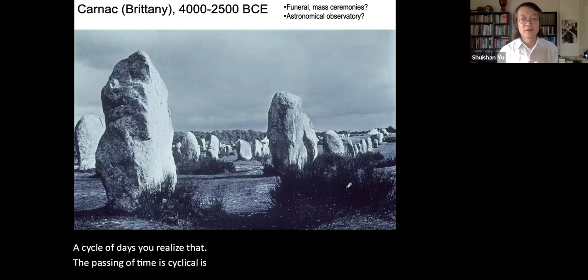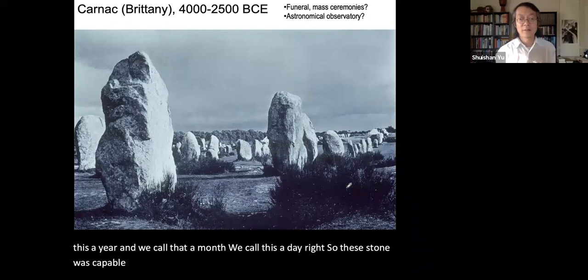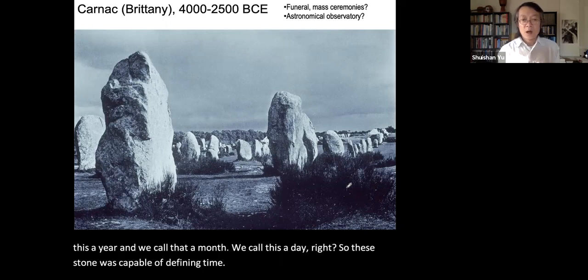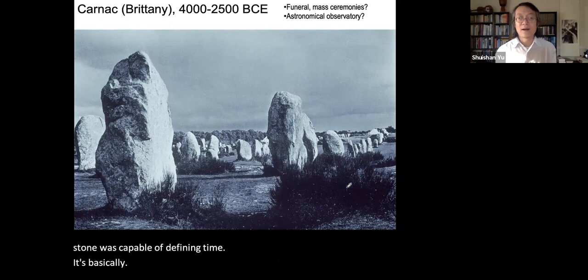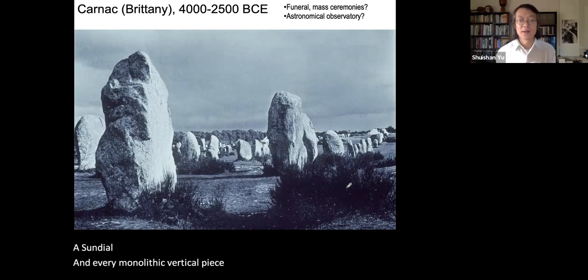Then you start to define, we call this a year, and we call that a month, we call this a day, right? So this stone was capable of defining time. It's basically a sundial. Each and every monolithic vertical piece of stone is a sundial.